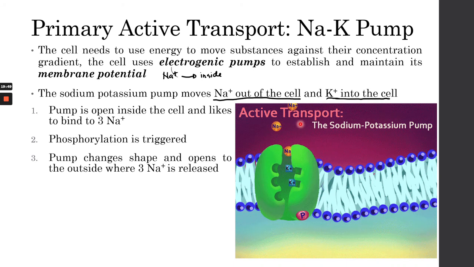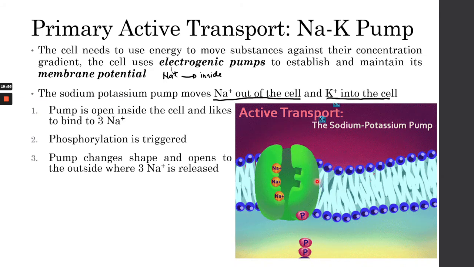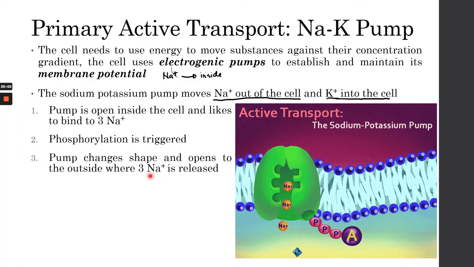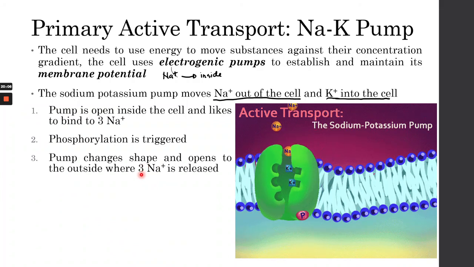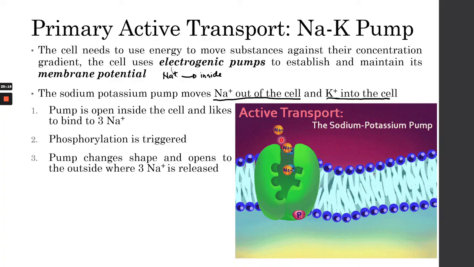Magbubukas siya sa outside ngayon and magko-close siya sa loob. Kapag nag-change na yung shape ng pump, it will lose its affinity to these three sodium na nakabind. So when we say lose affinity, it will not like to bind to sodium anymore. And when that happens, it releases the sodium to the ECF.